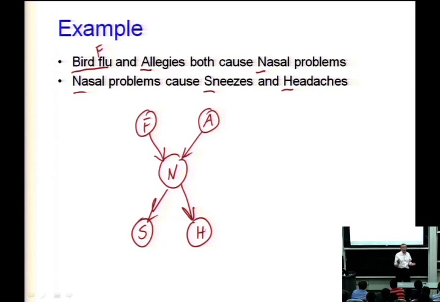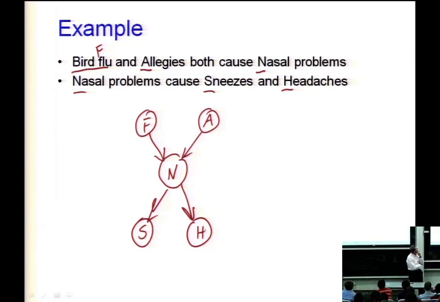Okay, so given what we know about Bayes nets, namely that every node is conditionally independent of its non-descendants given its immediate parents, tell me a conditional independence assumption that follows from this. Can you give me any about N?